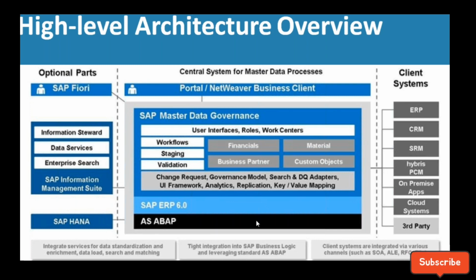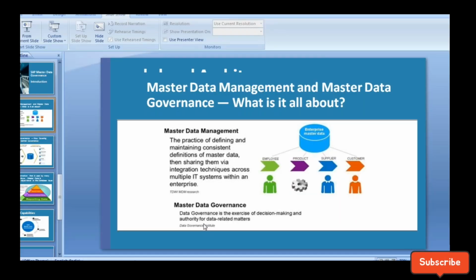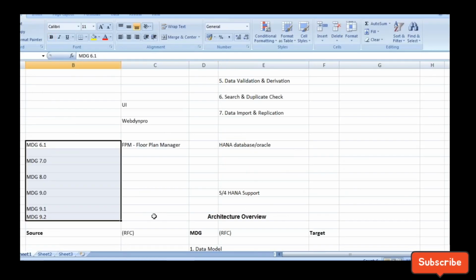Yes, one more thing over here regarding the versions. So far, as far as MDG is concerned, we have different version releases. First is ECC 6.0. On the ECC side, it is always 6.0. But the MDG version which came is 6.1.